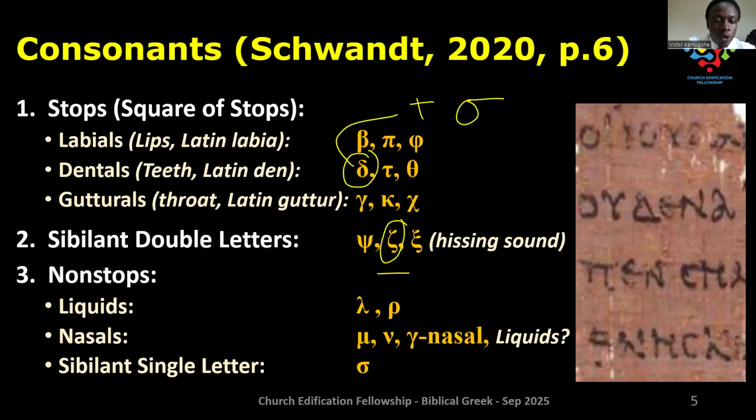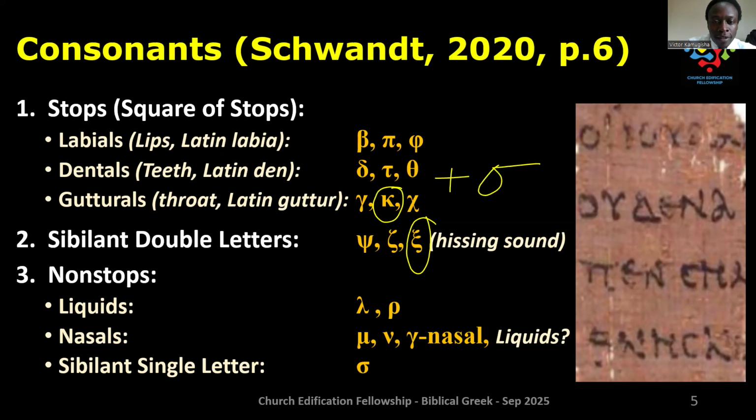And then when you look at the C, you get the kappa plus a sigma, and then you have the X. So those are sibilant double letters. They have a hissing sound, but they kind of have two letters, one of the stops plus a sigma. So that is sibilant double letters. Then you have non-stops. You have liquid letters, that's the lambda and the rho.